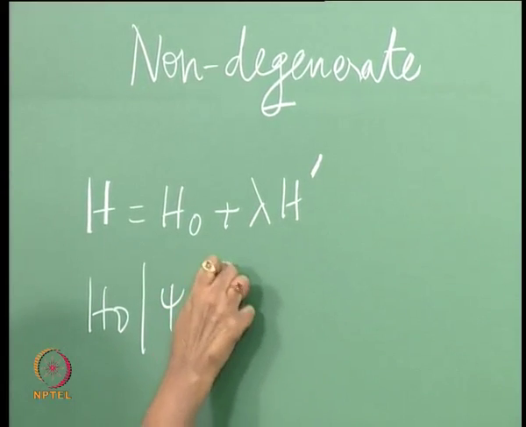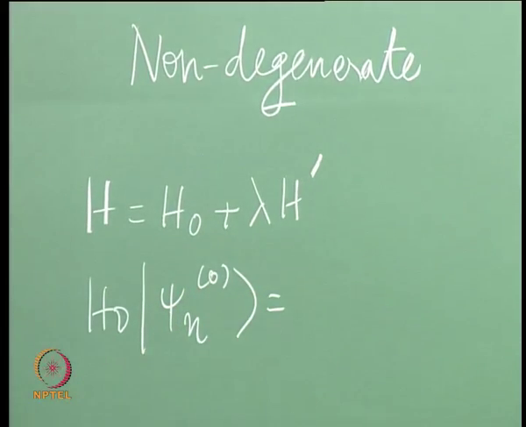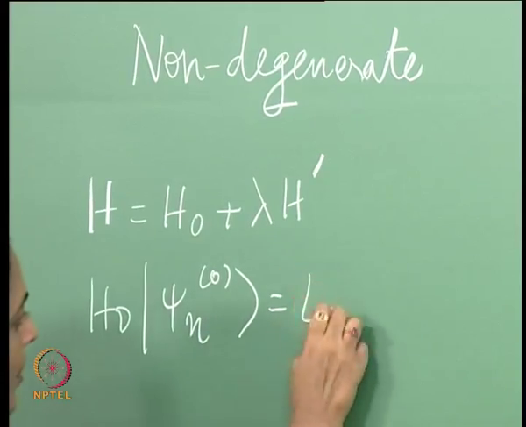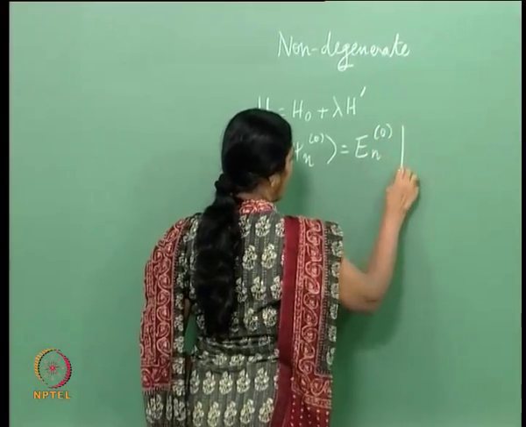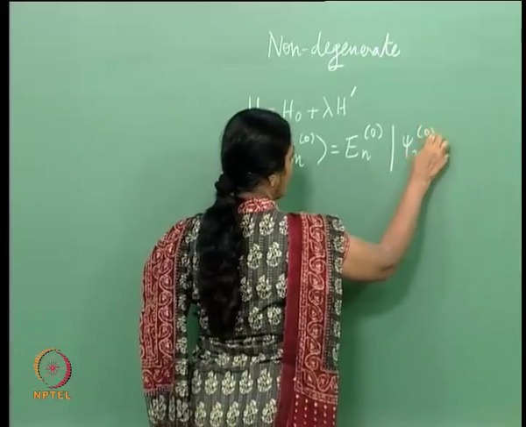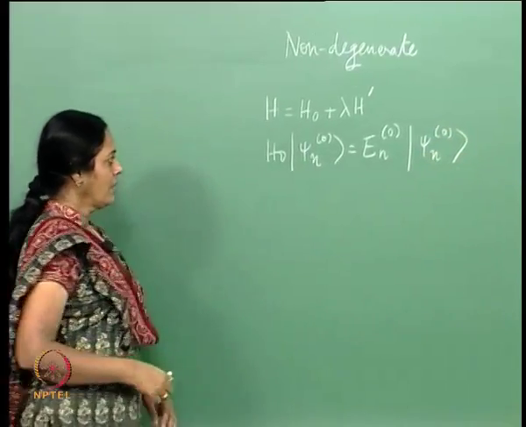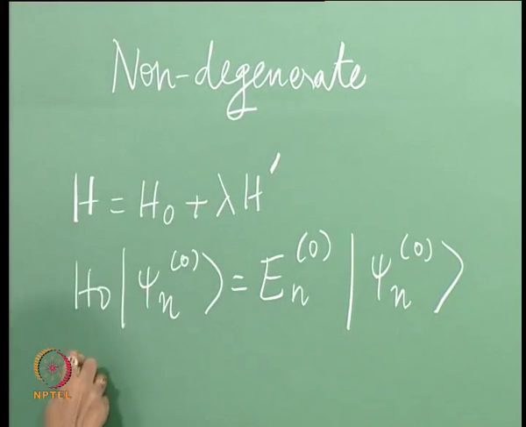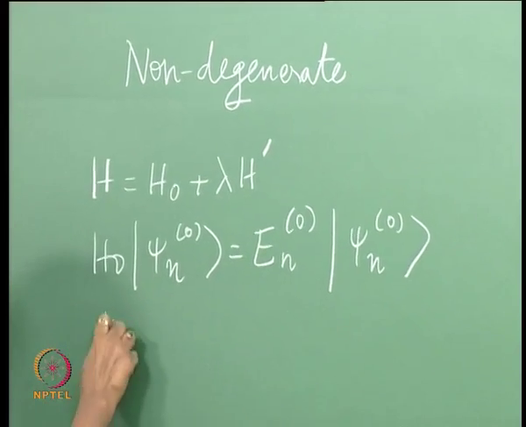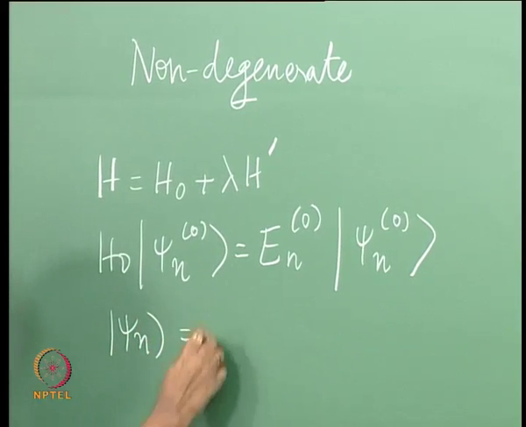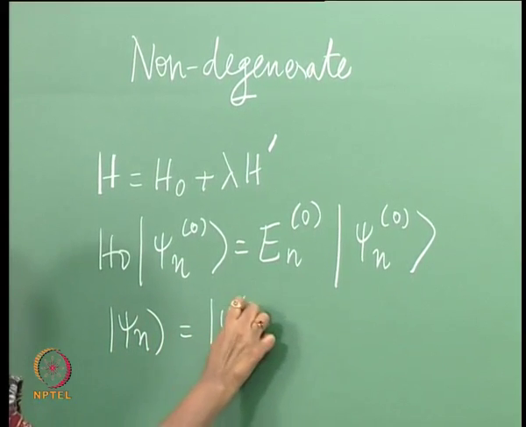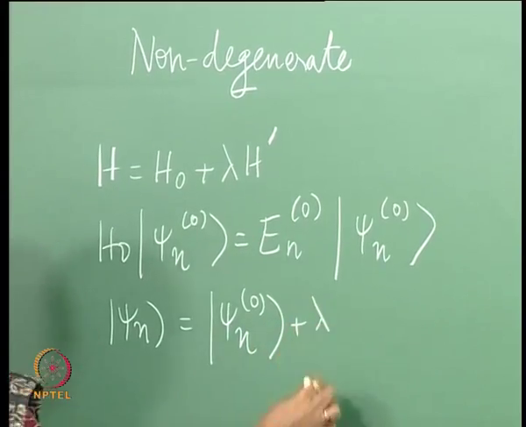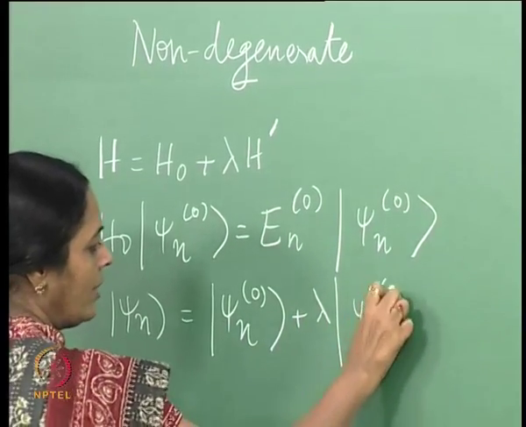There was a discrete spectrum, and the energy eigenfunctions were represented by psi n 0 and the corresponding energy eigenvalues by E n 0. And then because of the perturbing Hamiltonian h prime, the total wave function had this unperturbed form plus lambda psi n 1.